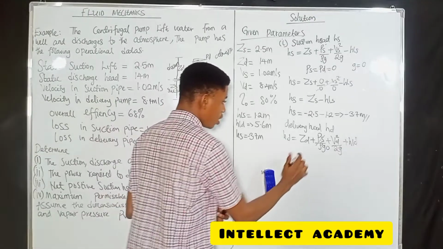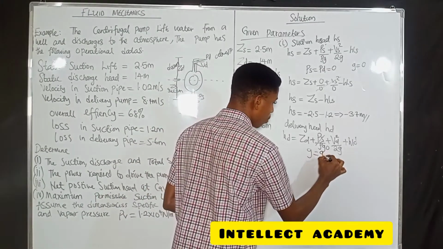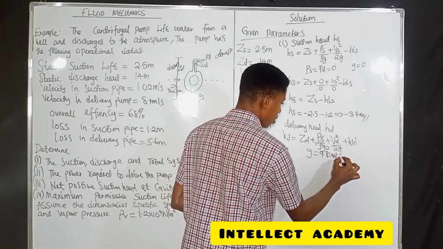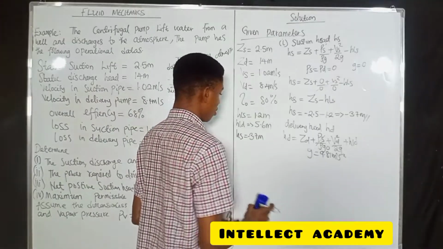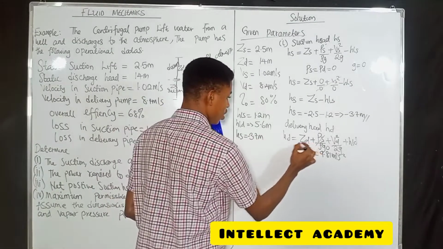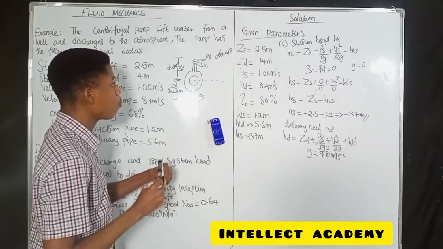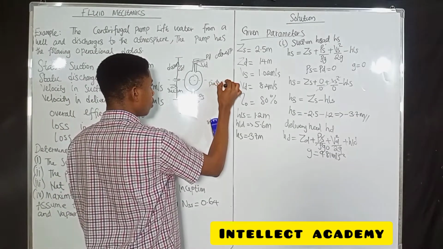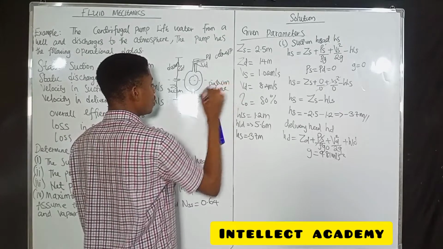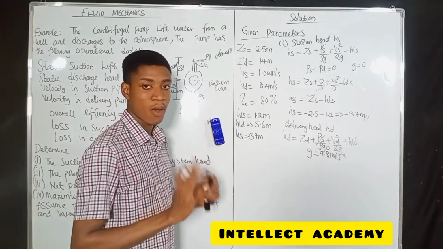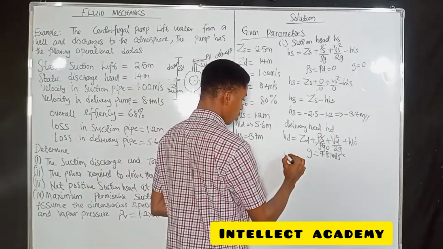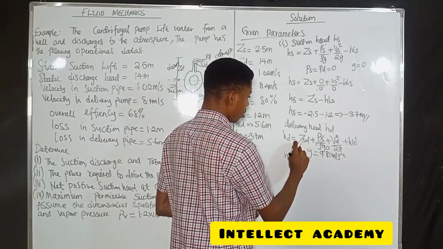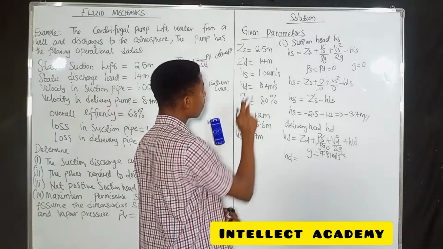So at this point, G is equal to 9.81 meters per second squared. Take note, this is not negative because it is above the datum line. So this is the datum line. It is above the datum line, so it is taken as positive.